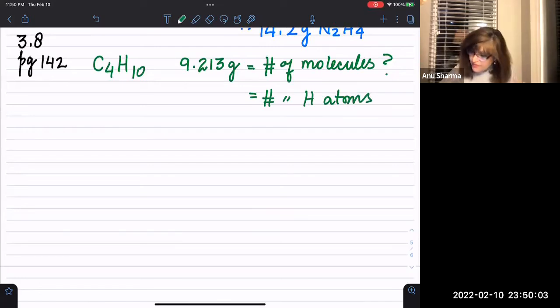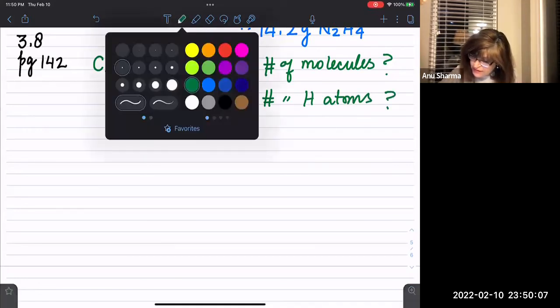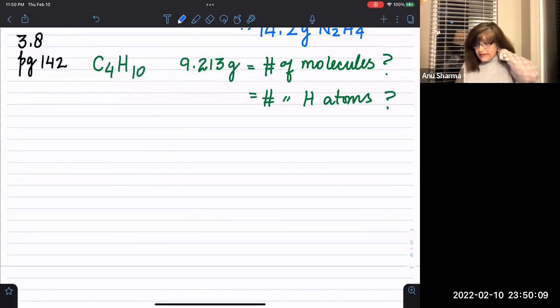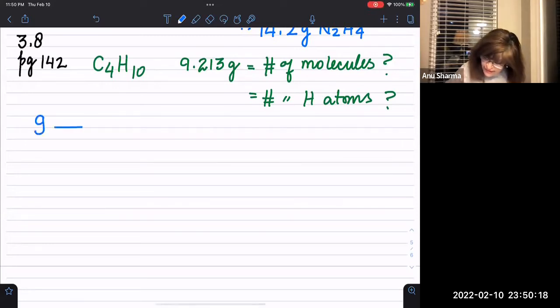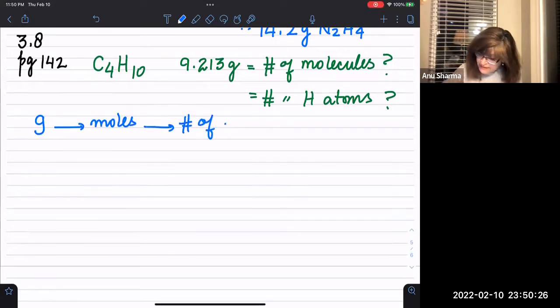When we have something like this, we are taking grams. So convert the grams to moles, and then moles to the number of particles, in this case molecules.